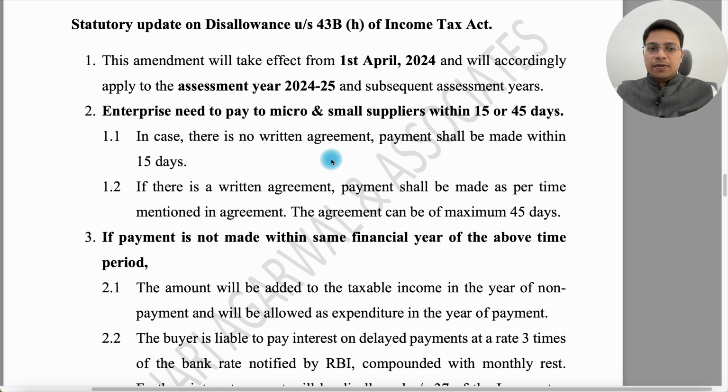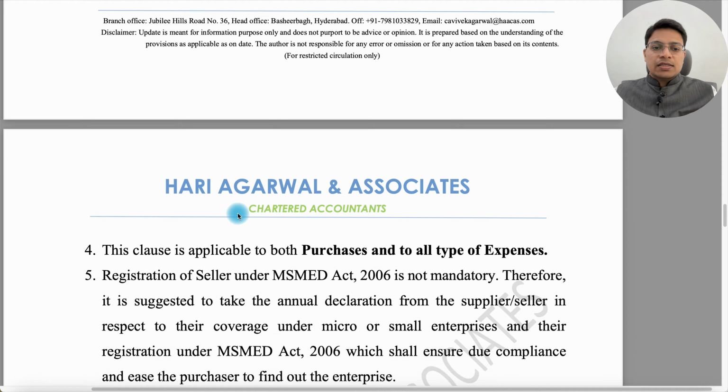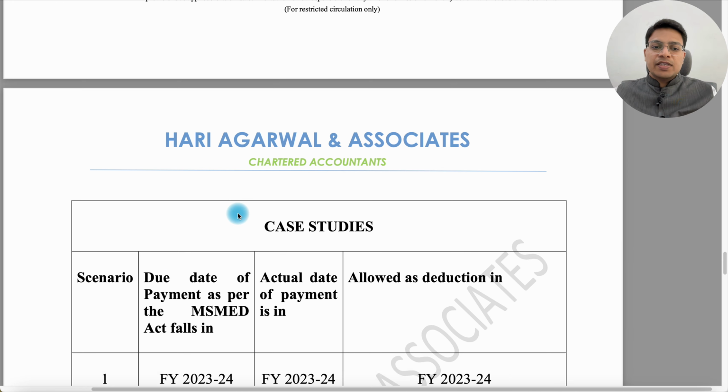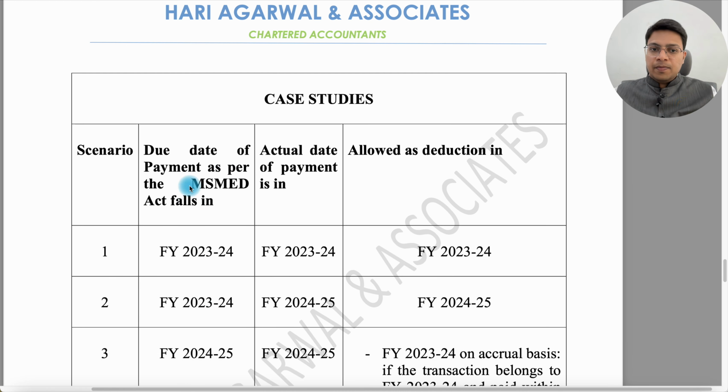This is the due date. If there is a written agreement, then that agreement we can follow provided the due date of payment is not beyond 45 days. So with this second point, we will be able to identify the second column in our case study which we just discussed, this one. Actual date of payment you will already know.